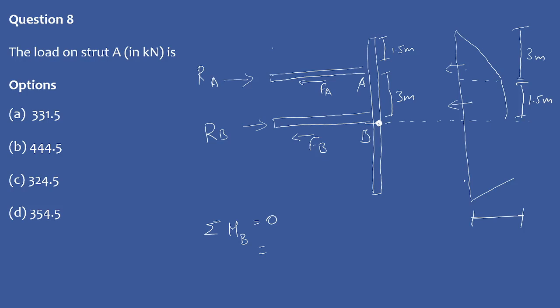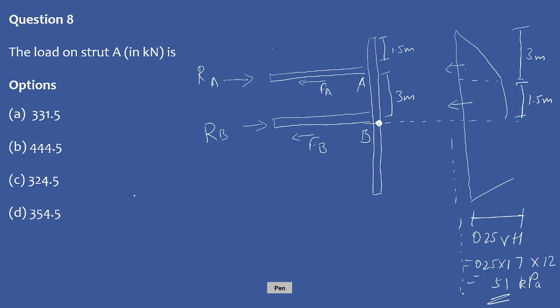Gamma is in kilonewton per meter cube, so this is kPa. The force from this part of the pressure diagram will be half into... sigma MB is 0.